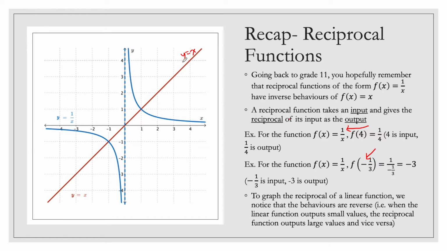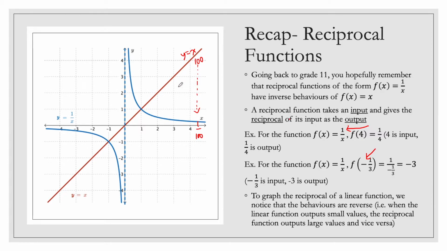And as the value of the linear function becomes smaller, the value of the reciprocal function becomes larger. As an example, let's say that the value for y is equal to x goes up towards 100. I'm just going to make up an example here. That means that the equivalent output value for the reciprocal function will be 1 over 100, which is a very, very small value.